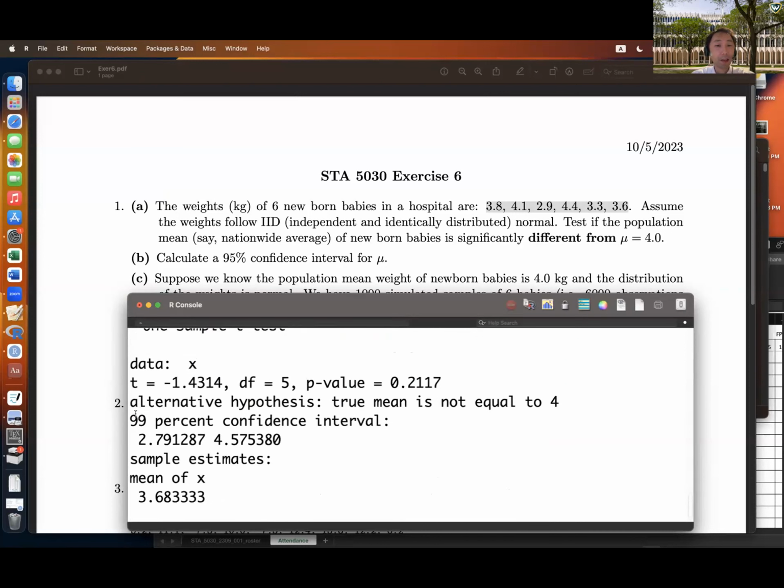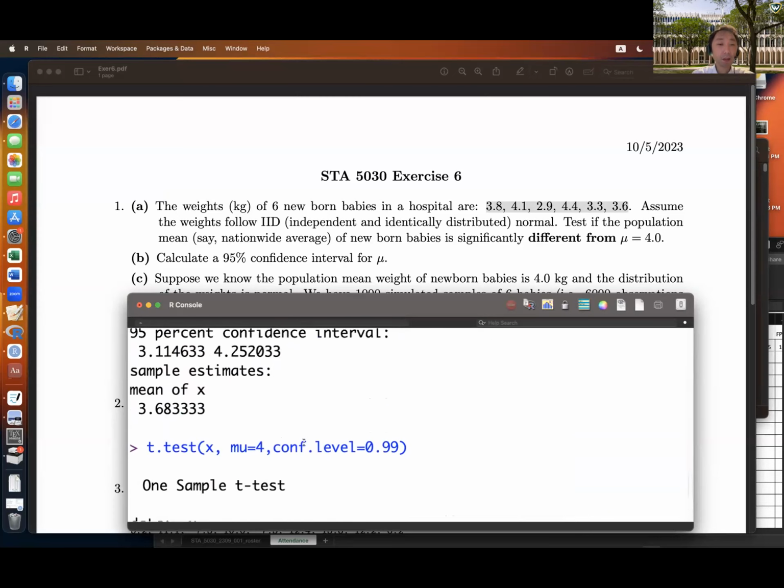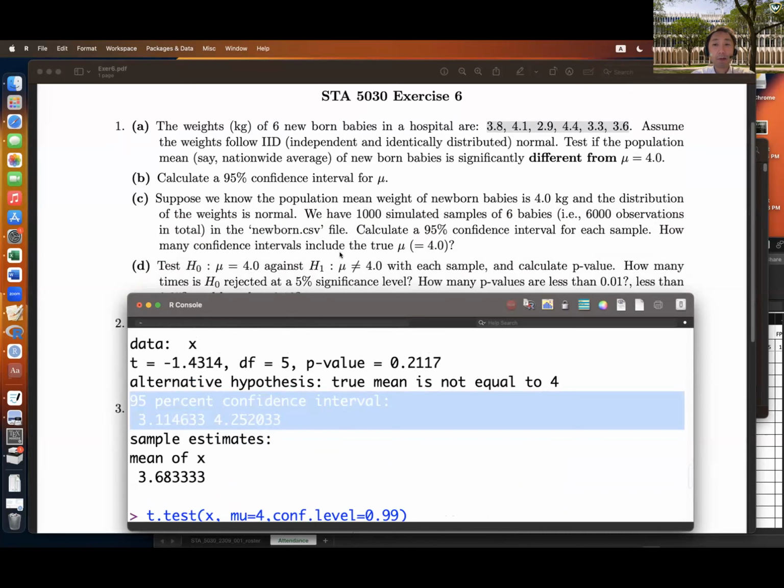Then we get the 99% confidence interval, which is a little wider, 2.79 to 4.58. But the 95% confidence interval is already here: 3.11 to 4.25.